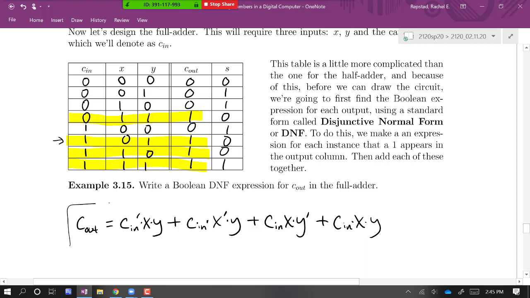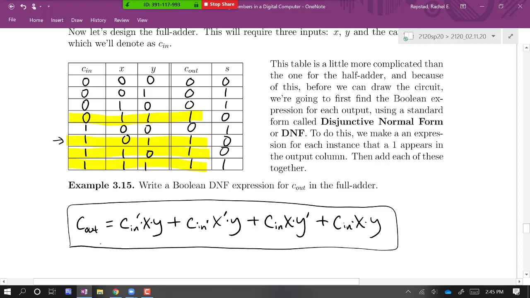So this is what we call disjunctive normal form, or DNF for short. That absolutely is an expression that represents the carry-out digit. But if I thought about drawing a circuit for that expression, it makes me stress out, because how many gates?